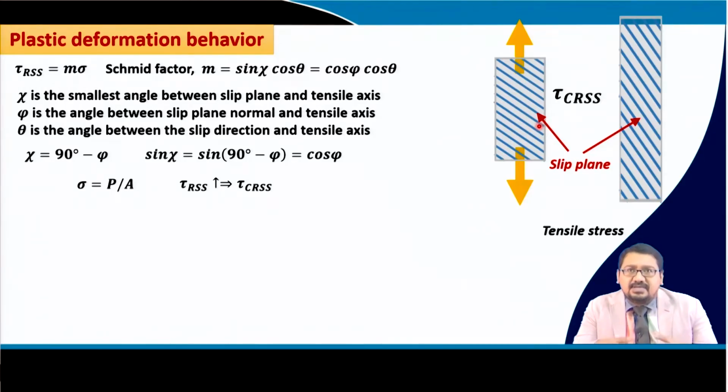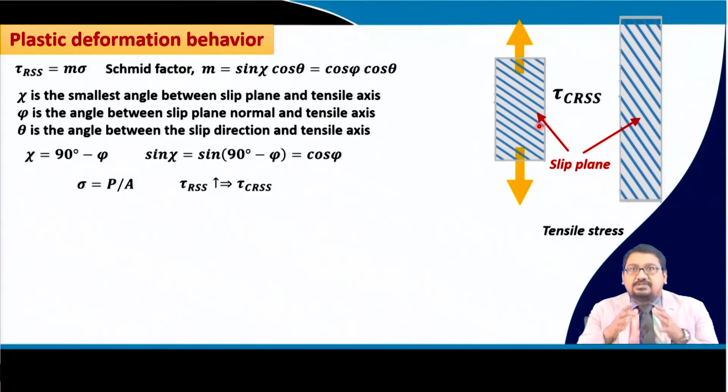There could be various slip planes, like for example, if it is a face centered cubic single crystal, then there would be 12 {111}<110> type slip systems which can get activated. So, there are 4 slip planes which can get activated.